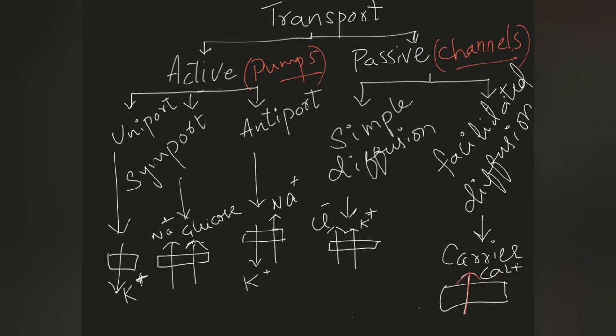If it is passive transport, the sodium channel, potassium channel, calcium channel help in their passive movement. Whereas the best example for the antiport mechanism is the sodium potassium pump, which helps in the antiport of sodium and potassium ions in opposite directions with the help of the enzyme called ATPase. They all require protein components to pass through.